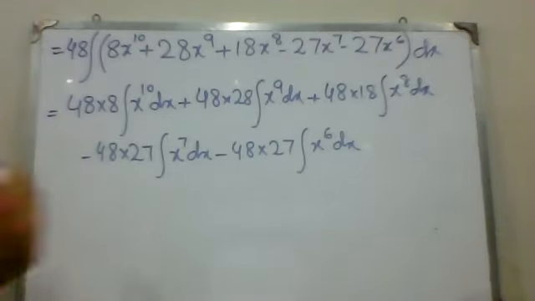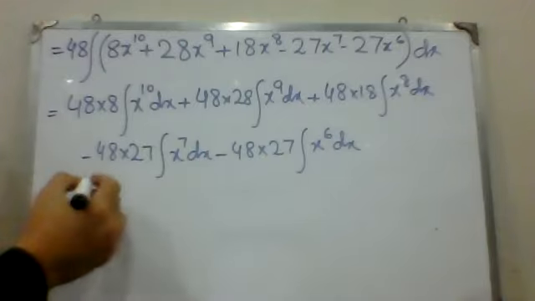Yes. Okay. From here, if you multiply it is better, then we can solve. 48 multiply by 8 is what? 384.